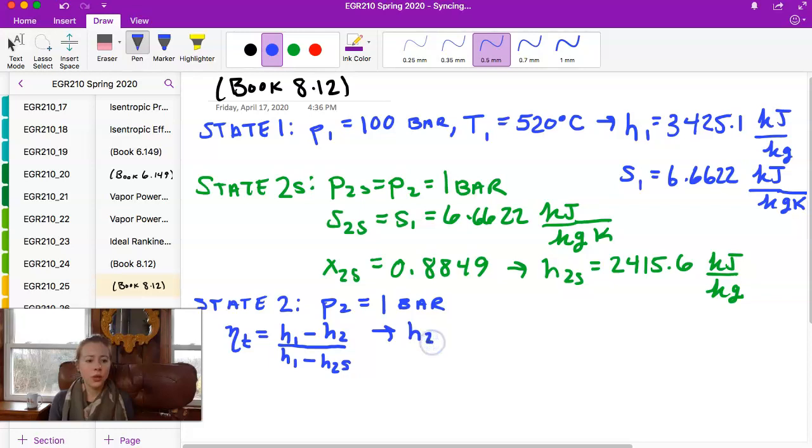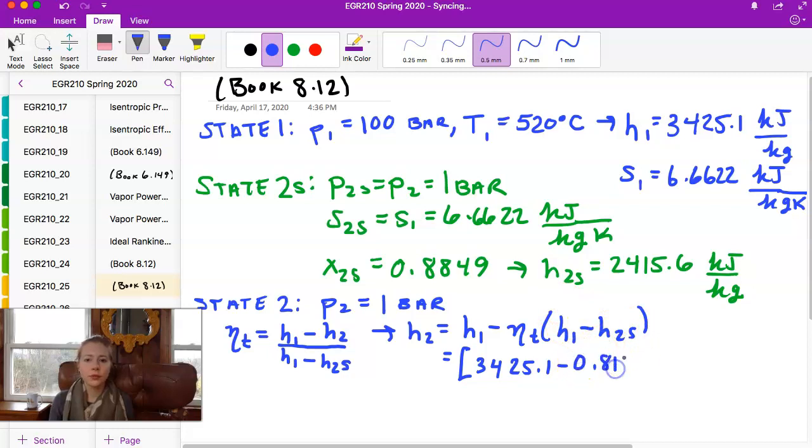H2 is going to be H1 minus eta T times H1 minus H2s, which is equal to 3425.1, eta we were given as 0.81, times H1 once again 3425.1 minus H2s, 2415.6.